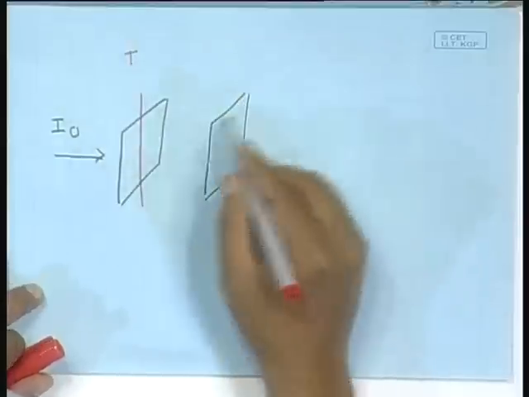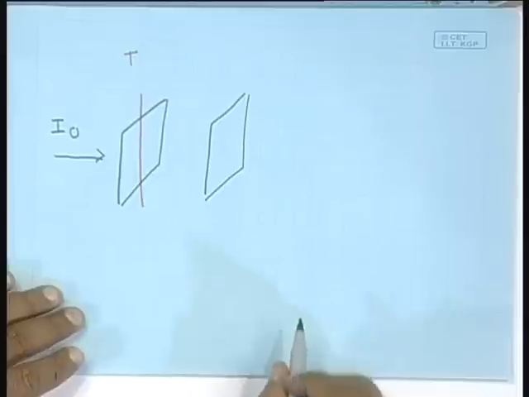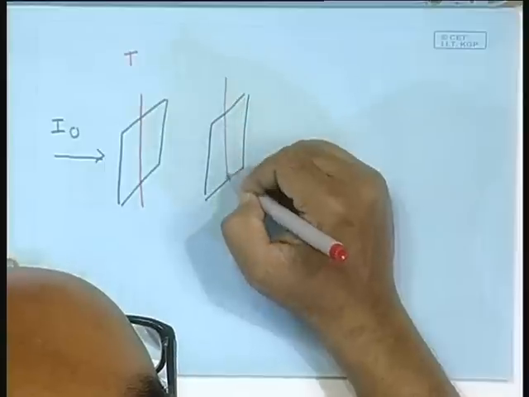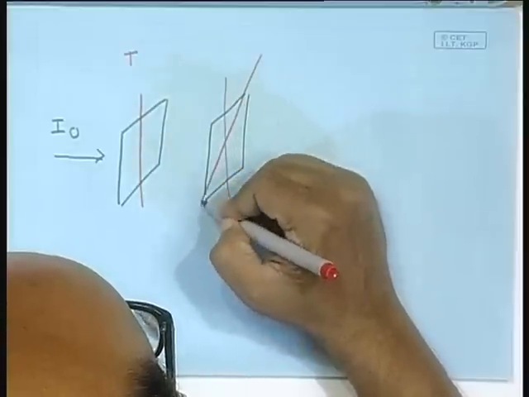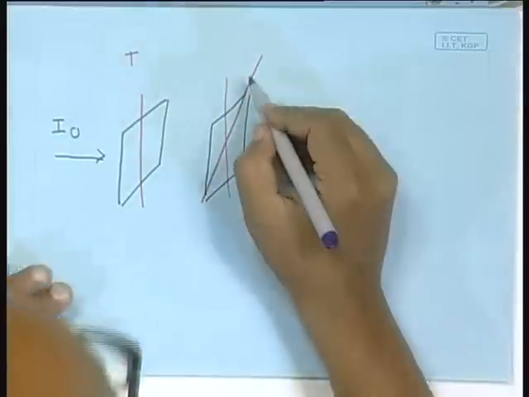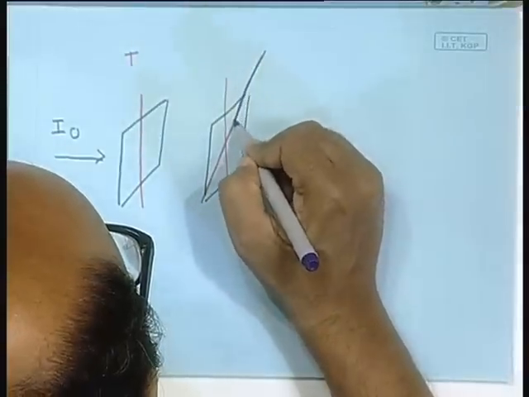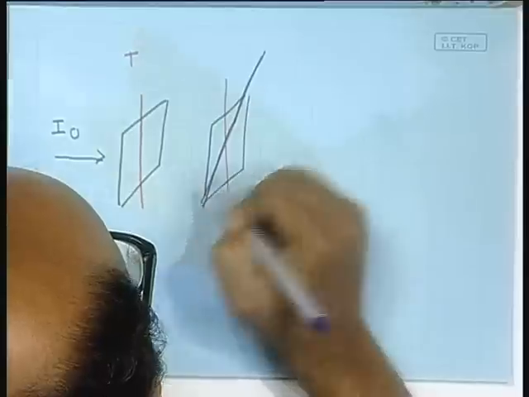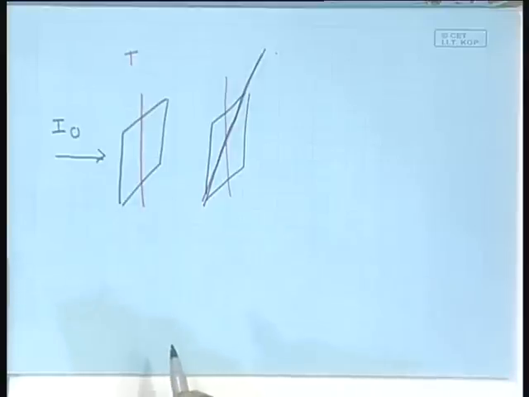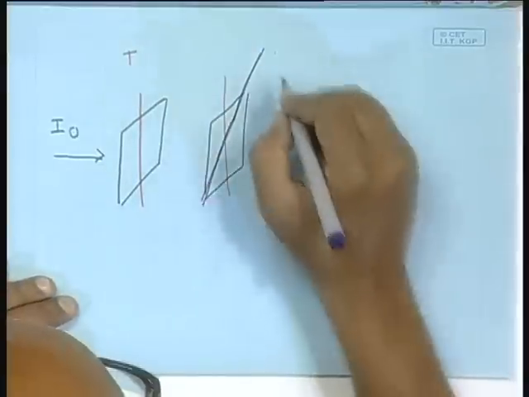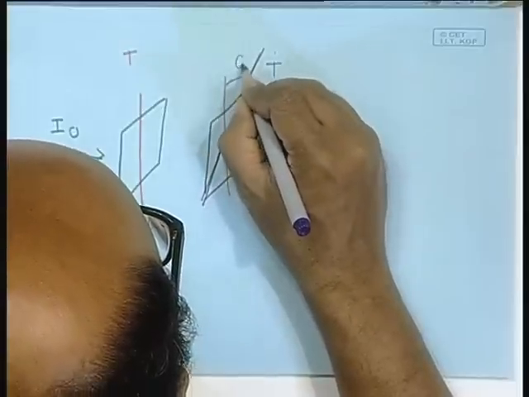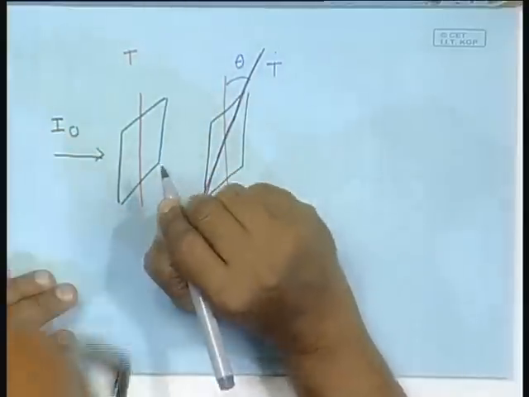Then we have another polarizer, which is referred to as the analyzer, whose transmission axis is at an angle theta. Analyzer and polarizer are exactly the same thing, just that they are being used for different purposes. So, this is another polarizer whose transmission axis is at an angle theta with respect to the first one.